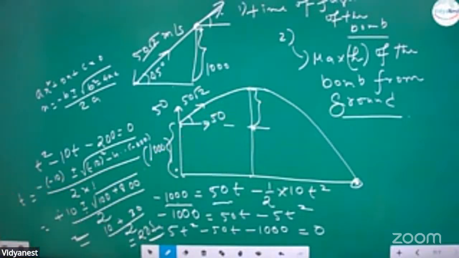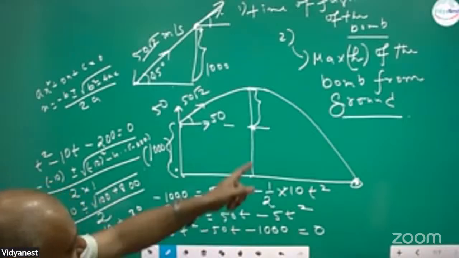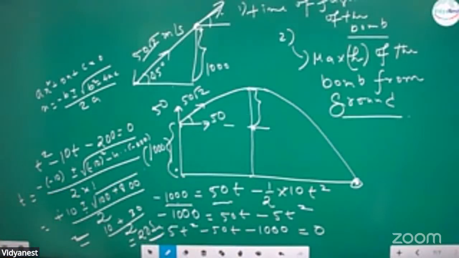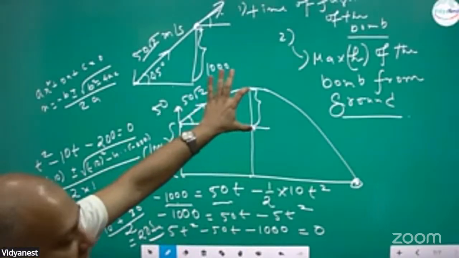I think you are understanding. Ayush, are you understanding or not? Yes, sir. Now, are you understanding what the maximum height is, just what we found? Now I am telling you that you can find this height.